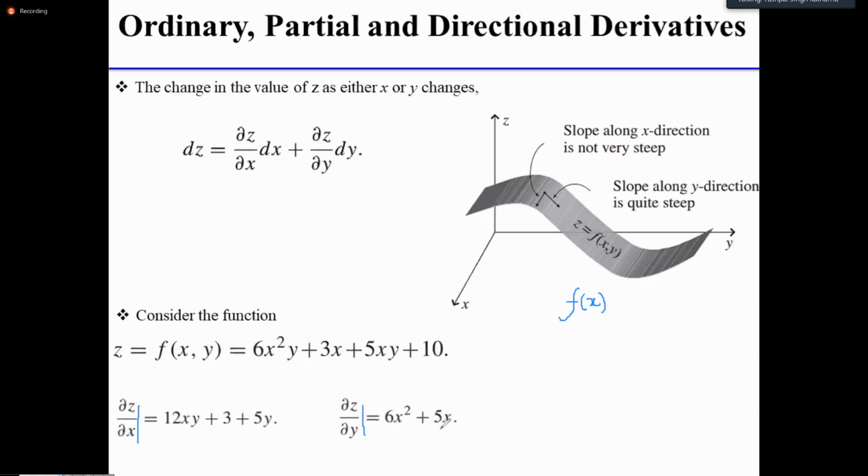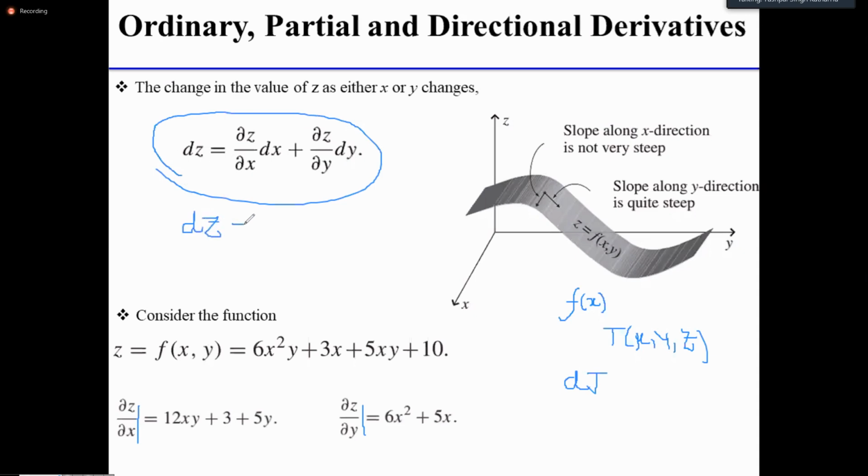In the same way, you can define the slope, or the direction of maximum change, of a function like t(x, y, z), where t depends on three variables x, y, and z. In that case, you define the change dt like I showed here. Here I have only two variables x and y, but similarly you can extend it to three variables.